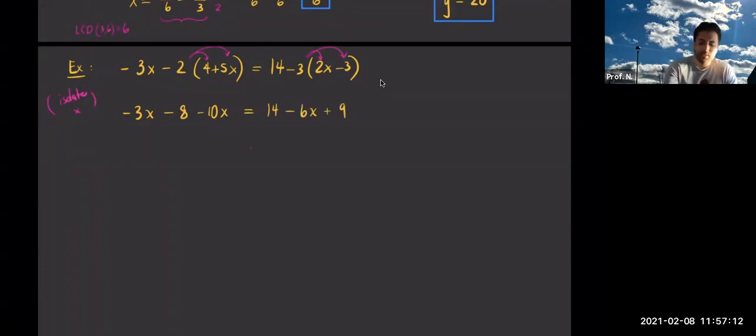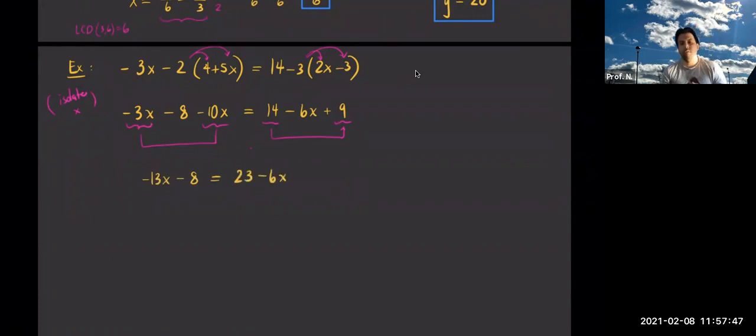Now, once I have this, then I can do what's called combining like terms, right? We add the like terms. So anything of the same kind, we combine. Negative 3x minus 10x is a total of negative 13x minus 8. This equals 14 plus 9 is 23 minus 6x.